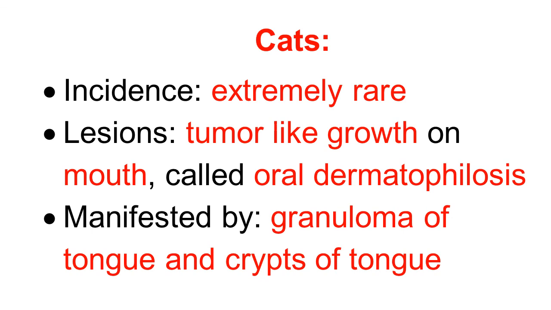The lesions are tumor-like growths in cats, and this growth is observed especially on the mouth. Such a lesion is called oral dermatophilosis, not on the body but in the mouth, and it is manifested by tumor-like growth. A granuloma of the tongue and crypts of the tongue or tonsils are observed, but the disease is very rare.